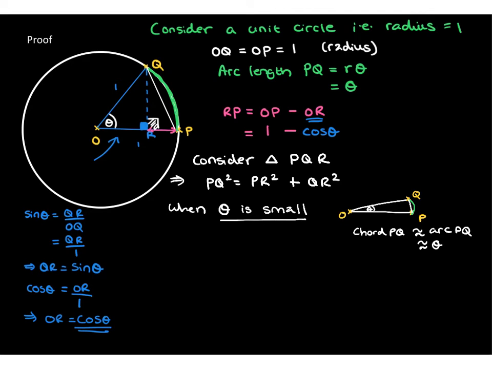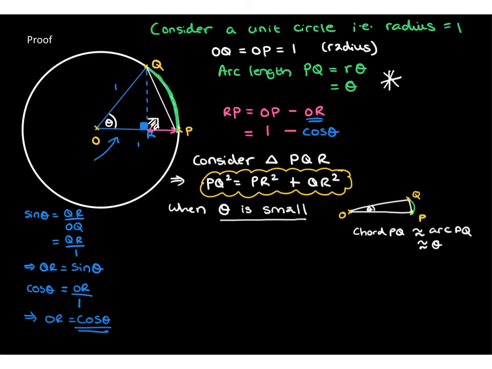So you can see that the chord and the arc become approximately equivalent in length, and we know that the arc is equal in length to theta from up here. So how does this help us? Well, let's go back to our Pythagoras theorem statement over here. So we now know that PQ squared is approximately theta squared.